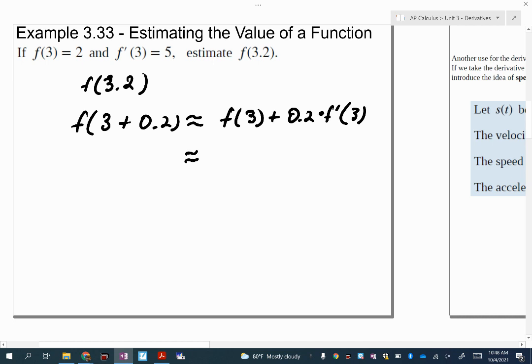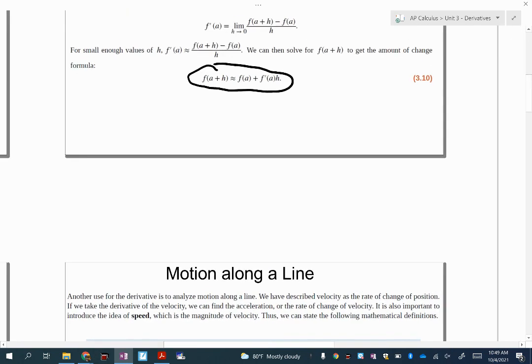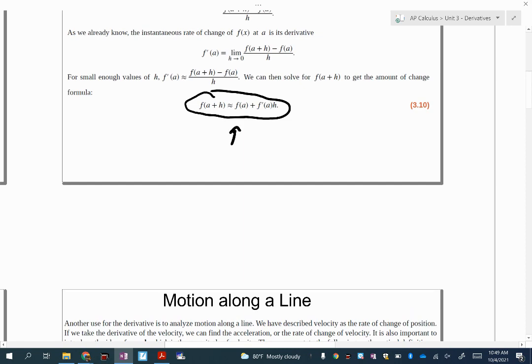So this is f of 3, which is 2, plus 0.2 times f prime of 3, which is 5. So 2 plus 5 times 0.2, that's 1, so we're approximating it as 3. That is the approximation for f of 3.2. Again, that's the most basic way to use this idea of the amount of change.